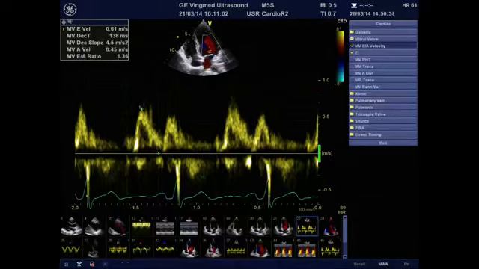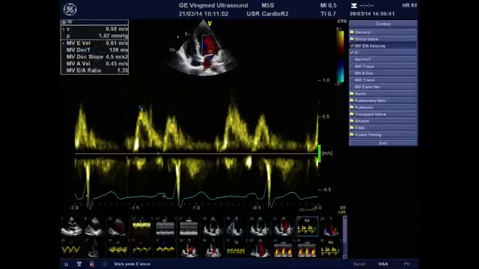So we will have, and then the machine may tell us immediately the ratio between the E and the A wave. We will have the deceleration time, and we have both the E and the A peak wave velocities.